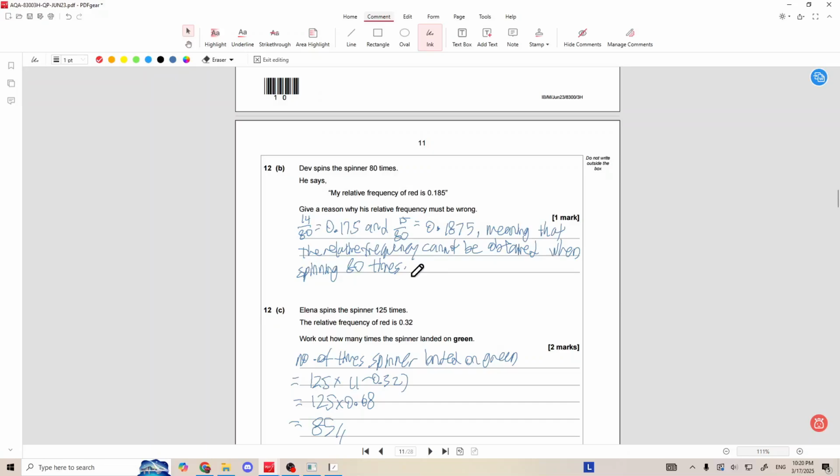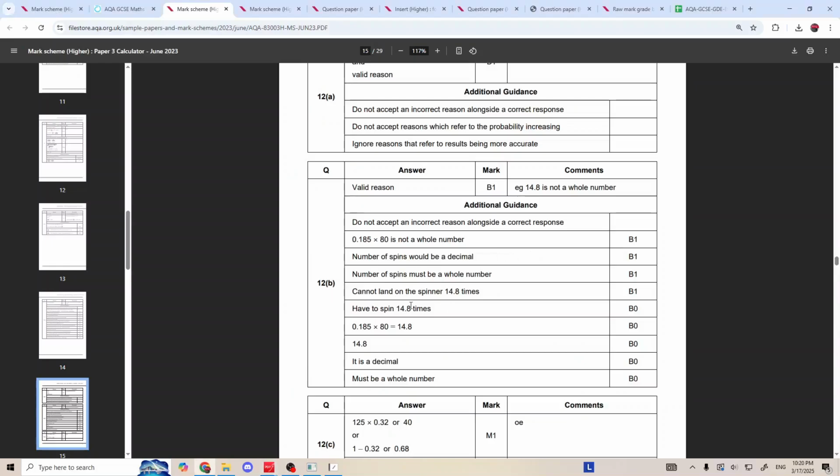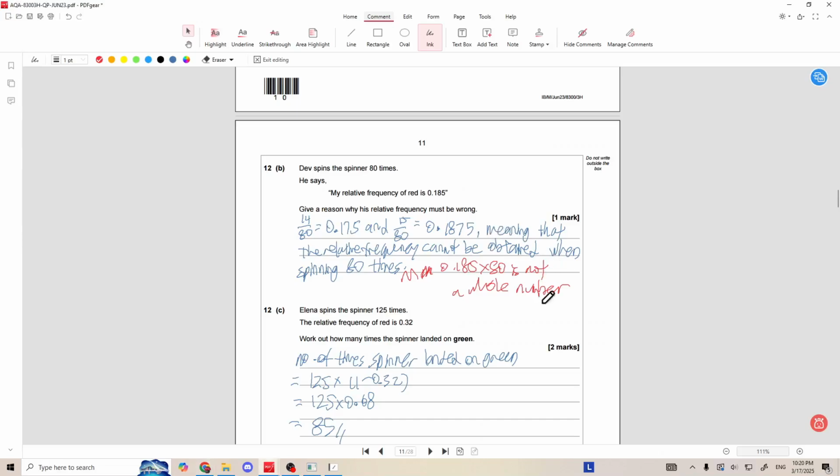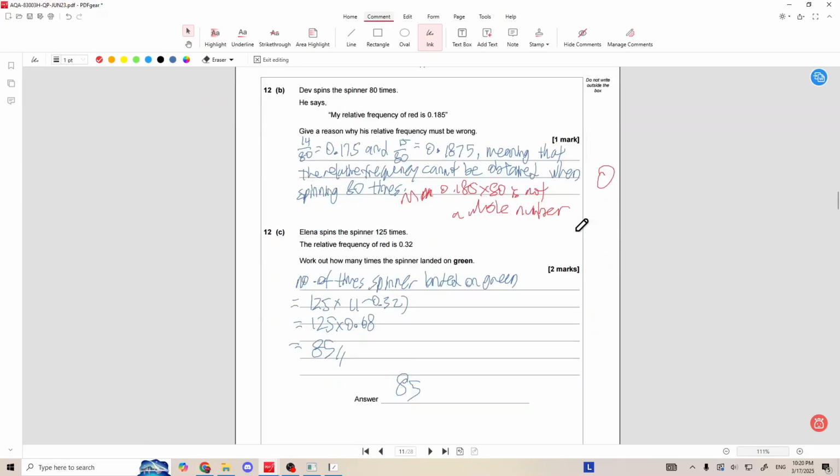I think in my explanation I had the idea, but I didn't say it. Yeah, 0.185 times 80 is not a whole number. That is the explanation required. Well, that's my first mark lost.